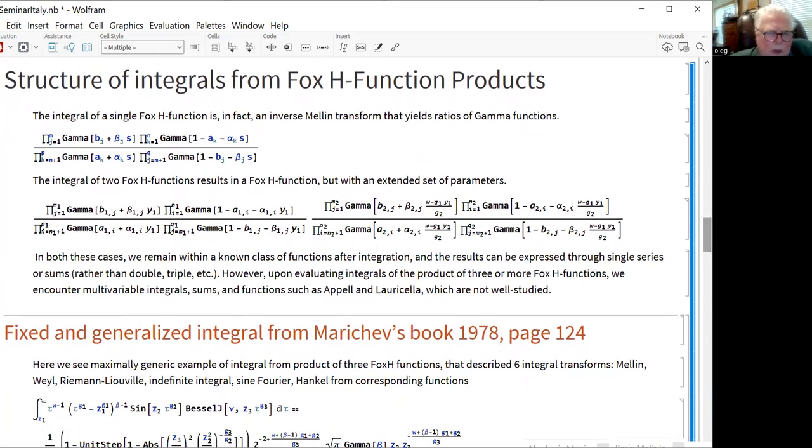These two functions, Fox and Meijer, collect a lot of very different particular cases like logarithm, exponential function, and others.